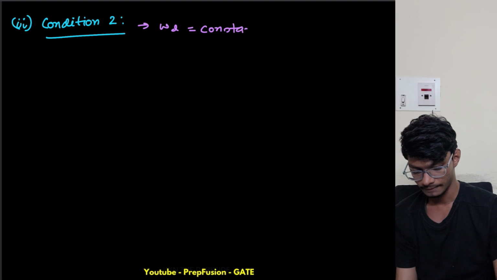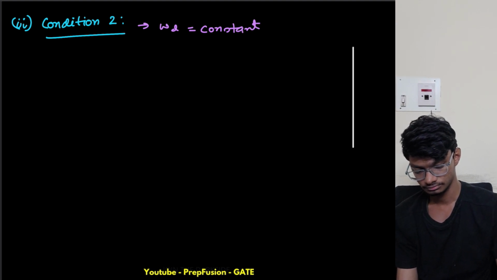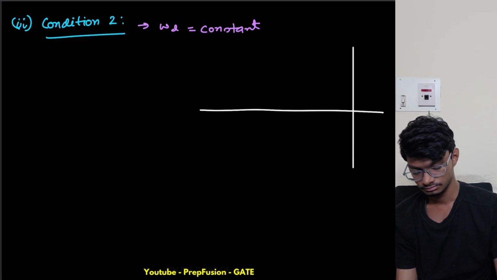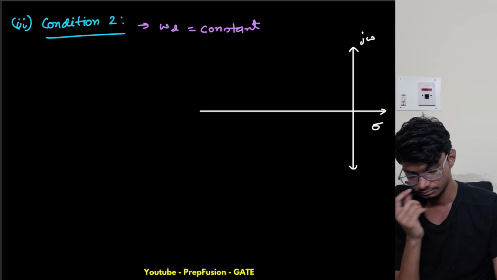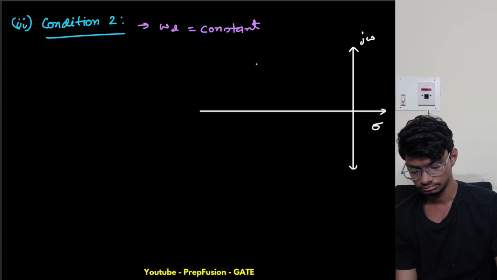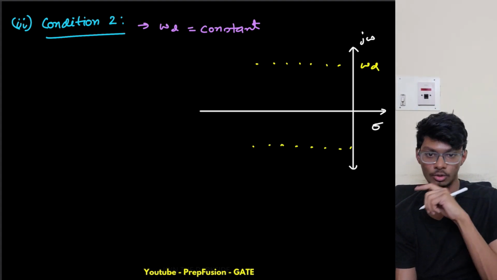If my omega d is constant, this is my omega d basically, but my zeta omega n is varying.